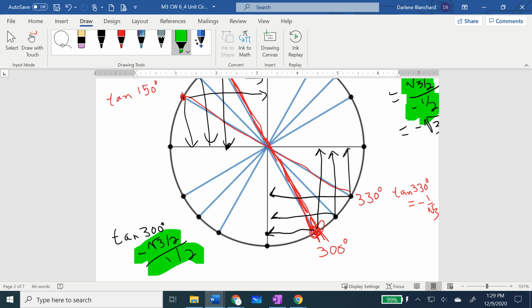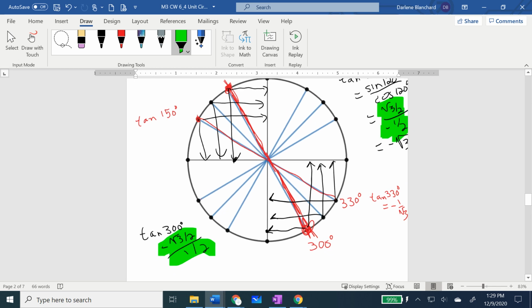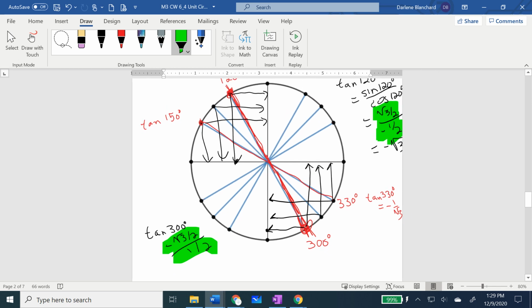Now, I personally find it really, really helpful if I realize that there are certain slopes going on. When I'm at a 45-degree angle, I am at a slope of 1. The tangent of 45 degrees is 1.